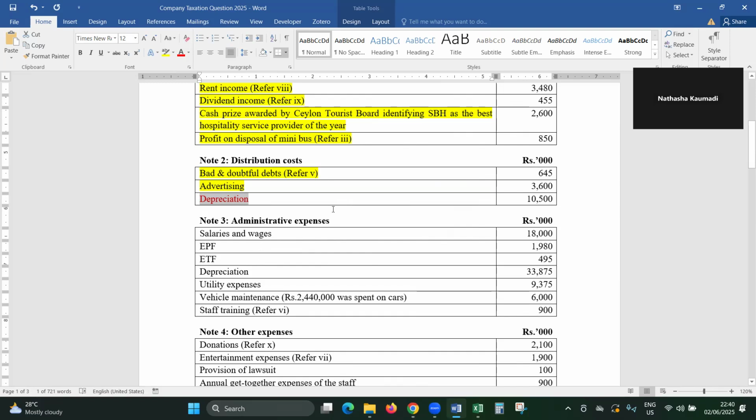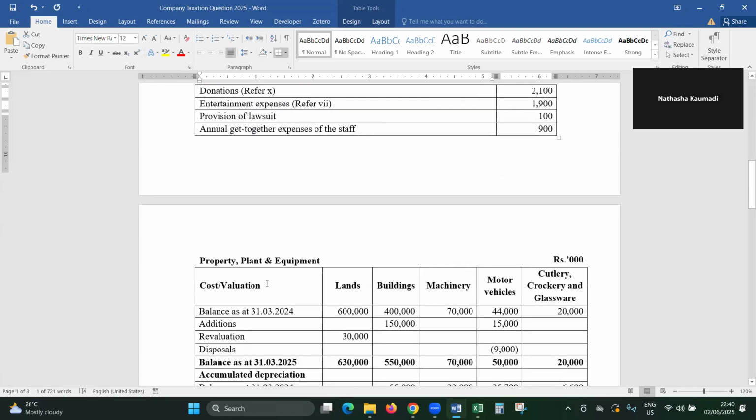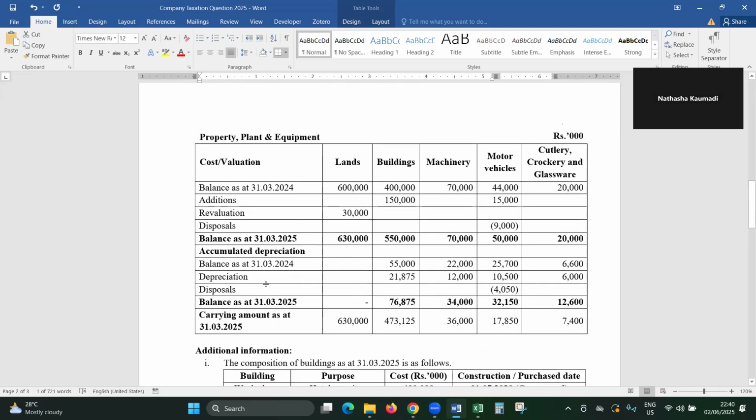And then you have administration expenses: salaries and wages allowed, EPF, ETF allowed. Right. Now you have depreciation again. What is this depreciation? Admin purpose depreciation. Now, if you go to PPE, this is very important when you find the correct depreciation amount.